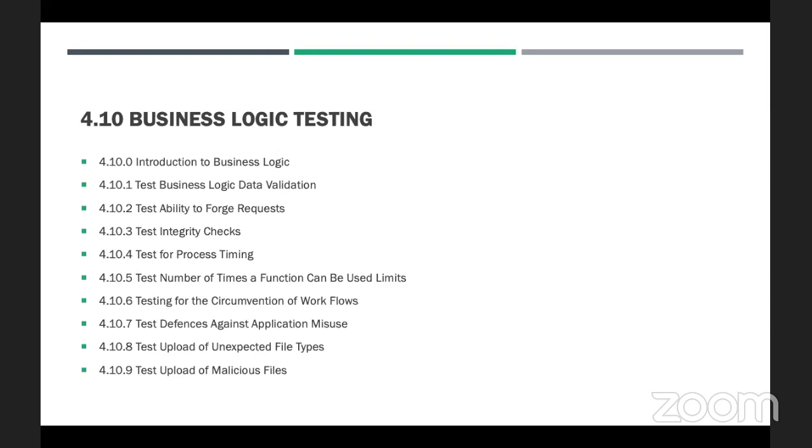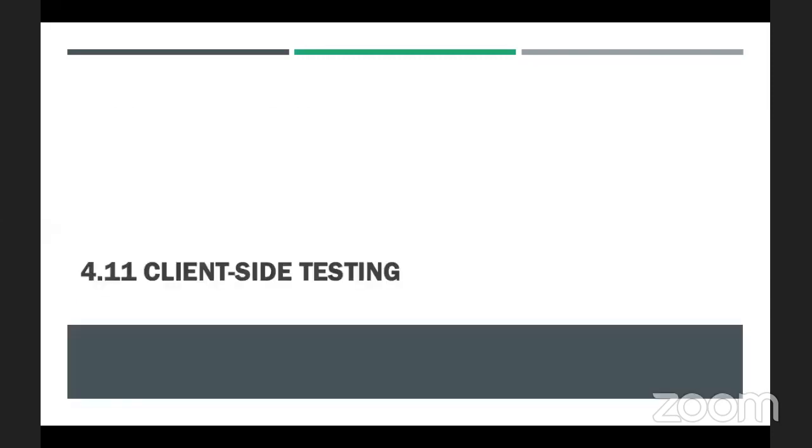And once I have tested that, how about testing for client-side attacks, like DOM-based cross-site scripting, HTML injection, cross-origin resource sharing, clickjacking, which we've been hearing about lately, and cross-site script inclusion. There are so many things, but how do we test them?